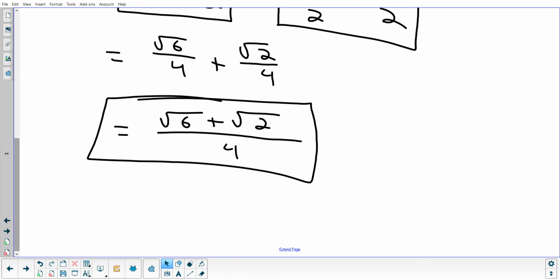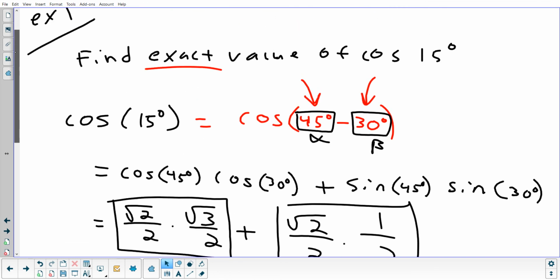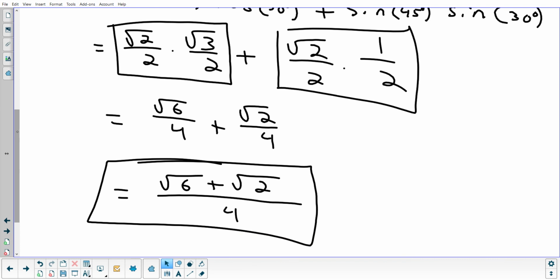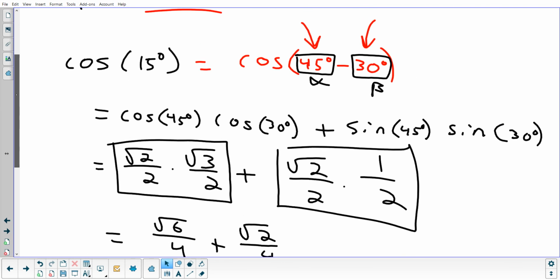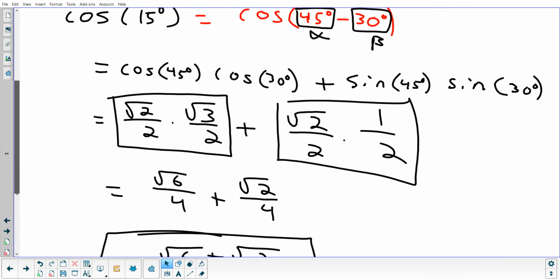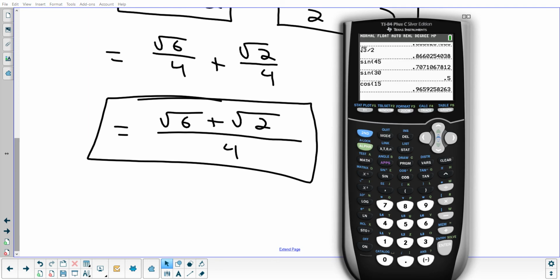Now, very easy to check it. Let's type in cosine of 15, see what we get. And then let's type in what we just got in that box and see if they come out the same. So cosine of 15, 0.9659. And let's type in square root of 6 plus square root of 2 over 4. I should have done parentheses.